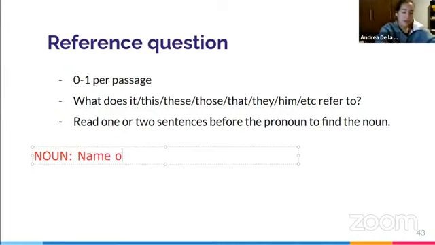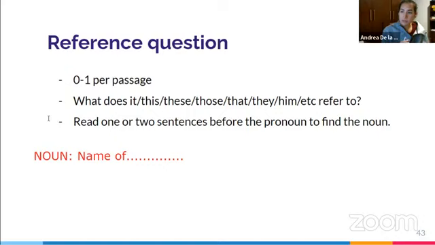The name of an object, an animal, a group of people, a place, a country, a city, anything. So usually it's good to distinguish at least three types of words: nouns, which are the names of things; verbs, which are usually actions; and adjectives and adverbs, which are modifiers that change the nouns and the verbs. If you know that, it'll help you big time.